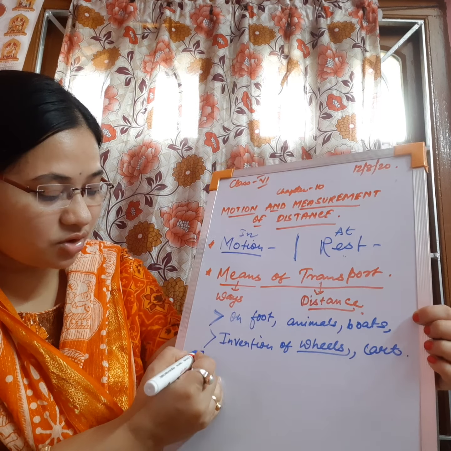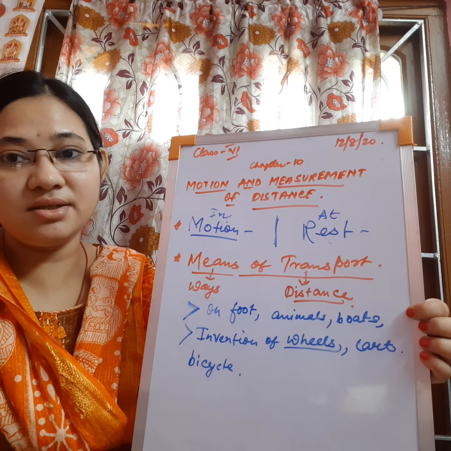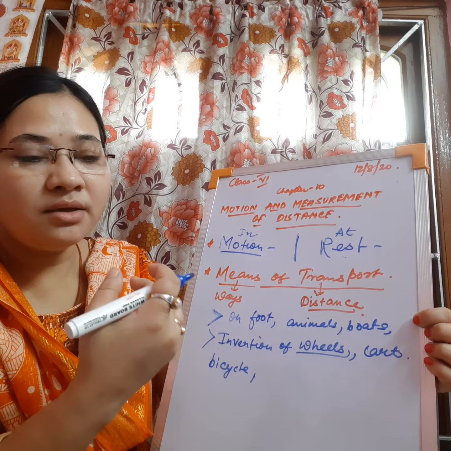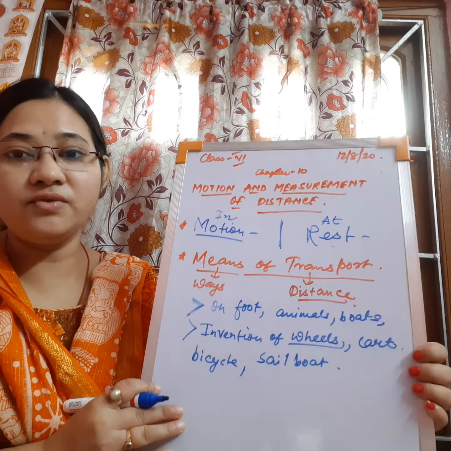Also during this time bicycles came into being, so it was easy to cover the distance. Then came sailboats, ships, etc. So this is the second generation means of transportation.